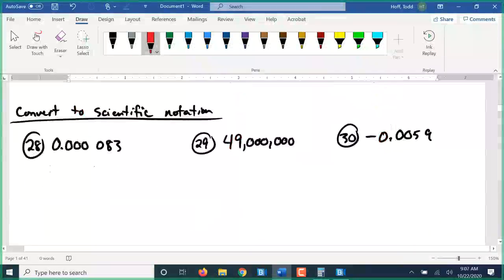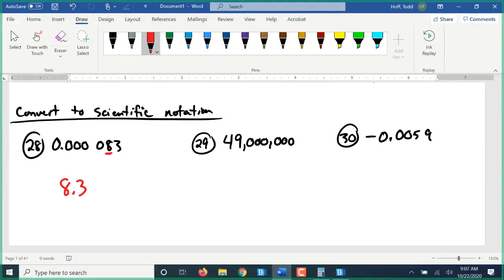Next, these last three, I ask you to convert those to scientific notation. Remember, we find the first non-zero digit, and we put the decimal point after that, so it becomes 8.3. The decimal point moved 1, 2, 3, 4, 5 spots. That's times 10 to the 5, but this is a really small number. It's smaller than 1. So that means that's a negative power on my power of 10.